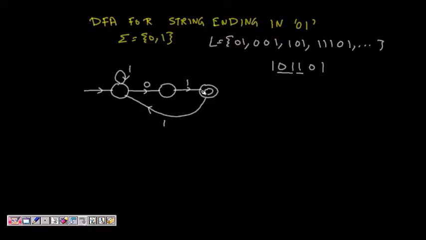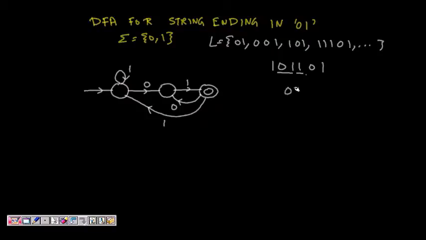So on 1 I go here, but what happens if I get a 0? I got a 0 here. It means I have got a 0, and now if I get a 1 again I come to the final state. Let's see this state, which handles 1 0: what will happen on 0?